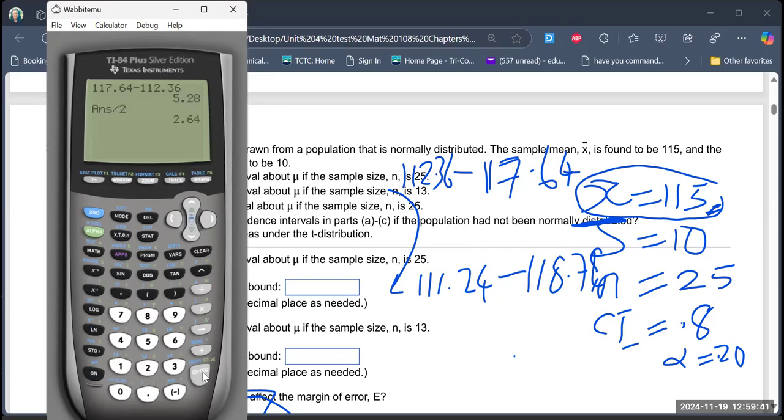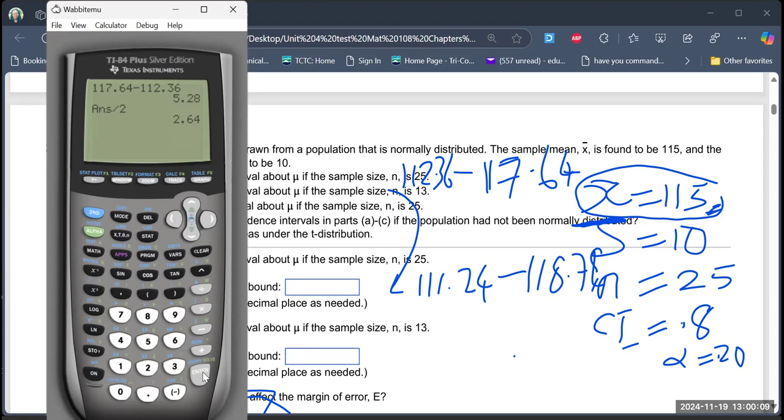So the margin of error is 2.64 here. So I'm going to find the margin of error when the sample size decreases, and then I'm going to make a decision. What happens when everything is left intact except the sample size decreasing? How does the decrease in sample size affect the confidence interval or the margin of error?